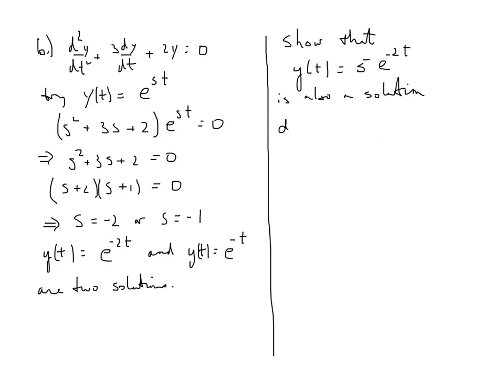I take the second derivative of 5e to the minus 2t. I add 3 times the derivative of 5e to the minus 2t.